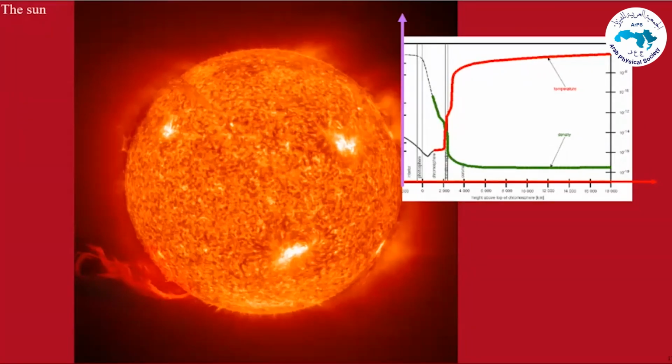But it becomes even more important because of some observations. If you look at this graph here, at the red curve, what you see is that as we move away from the sun, the x-axis gives you the distance from the sun's surface.